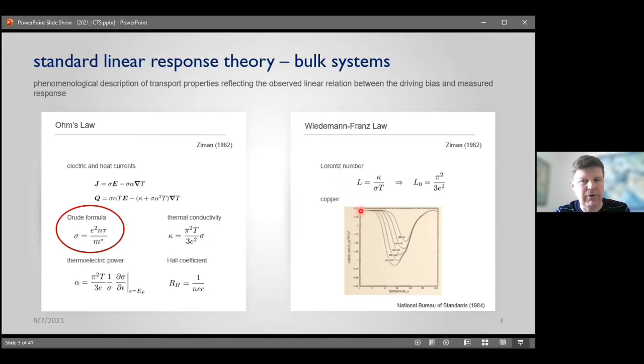And you see that at very low temperatures, this universal value is more or less obeyed. At very high temperatures, it is more or less restored. And then at some intermediate temperature, depending on how pure the copper is, there is some violation of the Wiedemann-Franz law, but the violation is not very strong. Maybe a factor of 2 or 3.